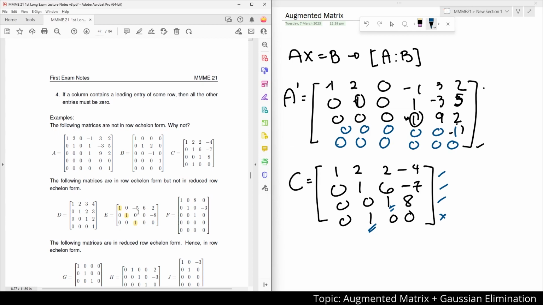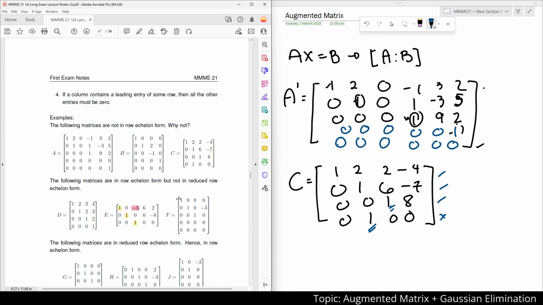Check. Pero dito sa third, makita natin itong negative 5 mo, hindi siya 0. Sa column na meron tayong leading entry na 1. So this is not in reduced row echelon form. But it is still in row echelon form because it satisfies rules 1 to 3.